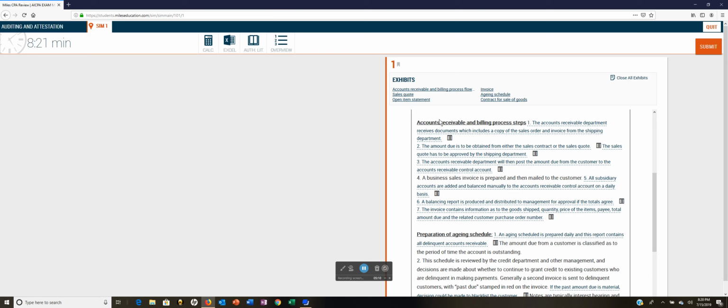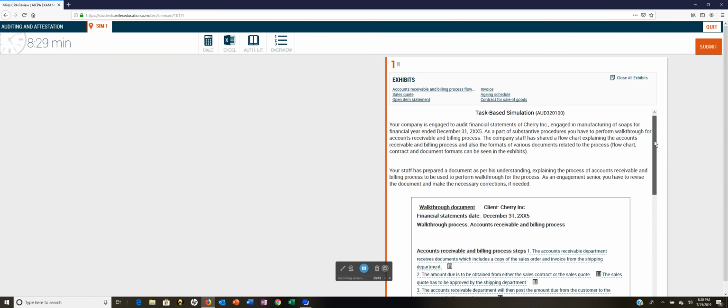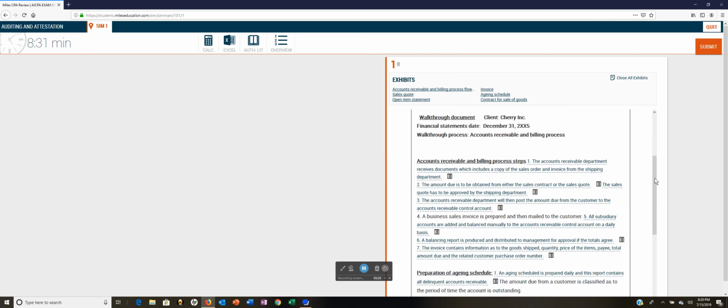The first part of this effectively internal memo, describing how things are working, addresses the accounts receivable and billing process.